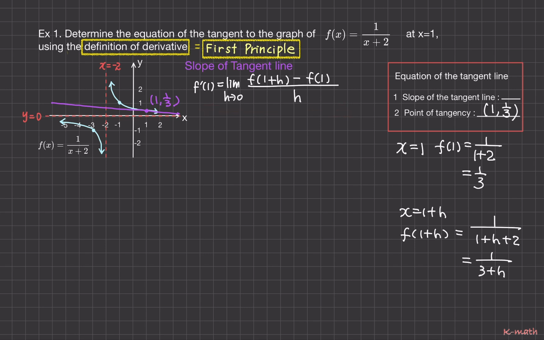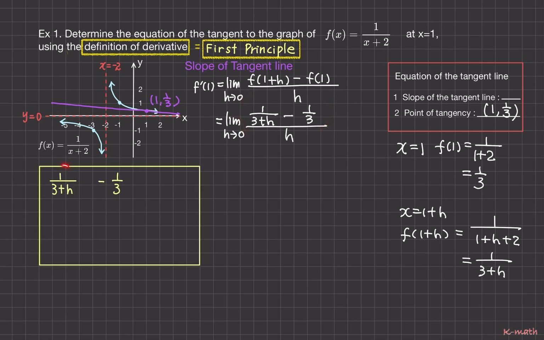So, the expression becomes the limit as h approaches 0 of f of 1 plus h, which is 1 over 3 plus h, minus f of 1, which is 1 over 3, all divided by h. To simplify this expression, let's focus on the numerator for a second.